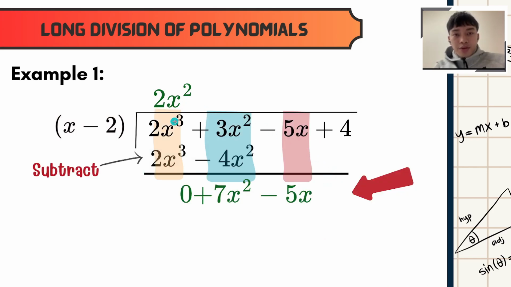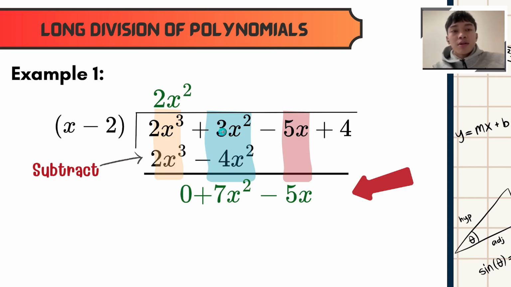So the next step is to subtract. So when you get 2x cubed minus positive 2x cubed, when you subtract, you have to change the second sign and change the equation to addition, and then you're going to get 0. If your answer is 0, you're on the right track.